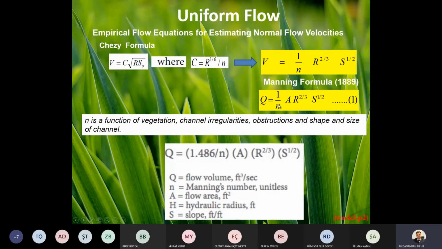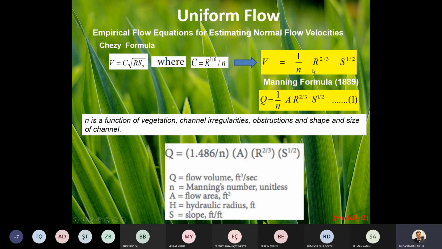Let's look at velocity, which is simpler than the discharge version. We have a velocity. What is the unit of velocity? Meter per second, yes? In SI system, standard system, meter per second. We have here s, slope, dimensionless, yes? And we have R to the power of 2/3.